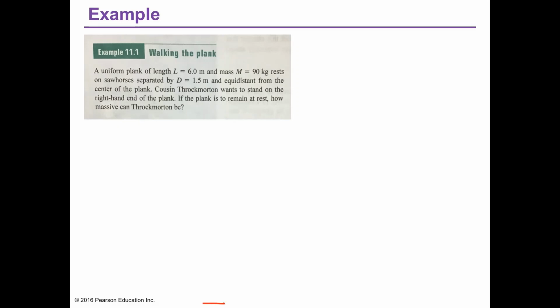We have a uniform plank that has a length L of 6 meters, and a mass of 90 kilograms, sitting on two sawhorses. The two sawhorses are a distance d separated from each other, and they're equidistant from the center of the plank.